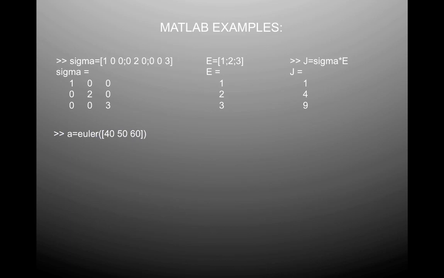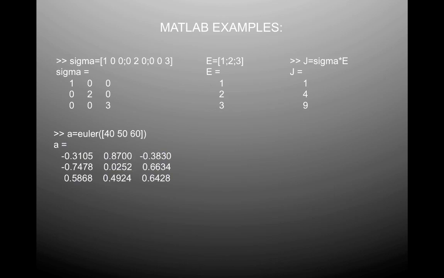Now let's make a transformation matrix in a general direction with Euler angles 40, 50, and 60. There's the transformation matrix that MATLAB would return. Now I can convert my electric field into the primed coordinates by multiplying by A, and that returns this.